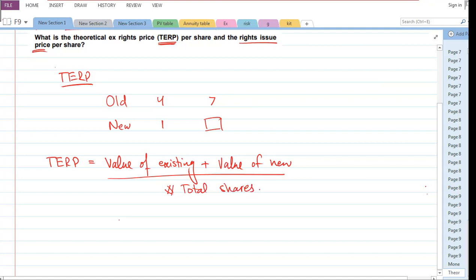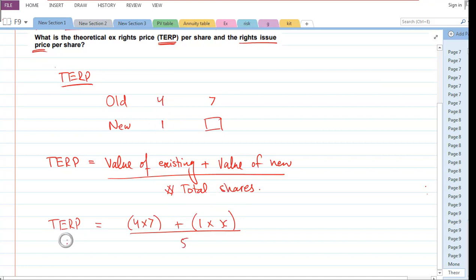Now we know that the value of an existing share is 7, so I'll say 4 multiplied by 7. And the value of the new share, it's 1 in numbers, but it's not known, so let me call it X. Divided by the total number of shares, so 4 plus 1, which is equal to 5.